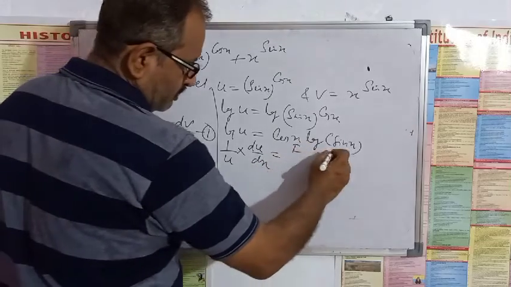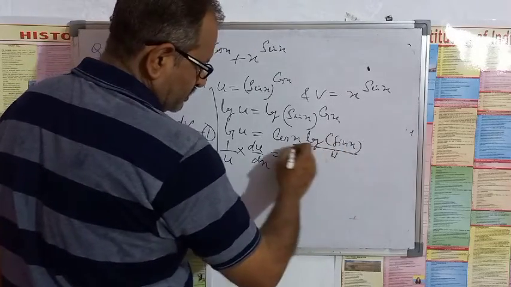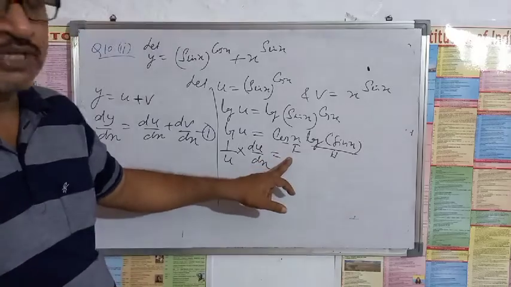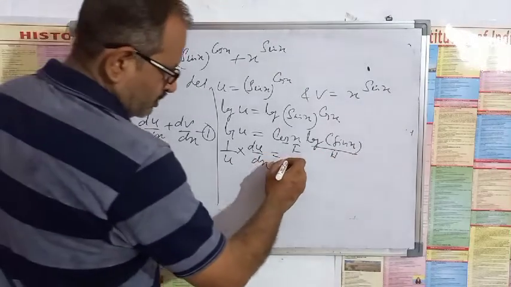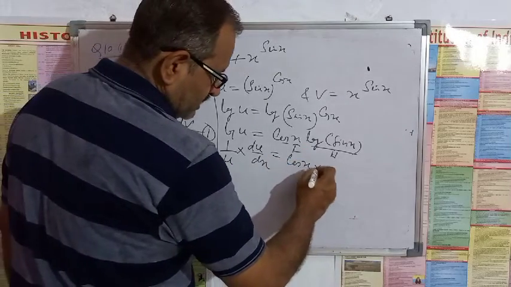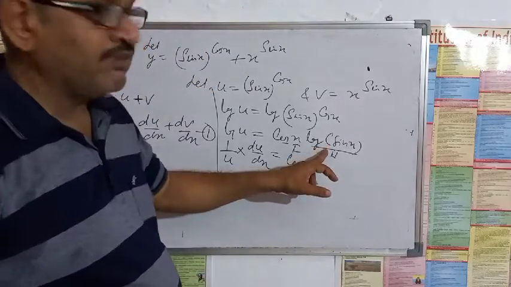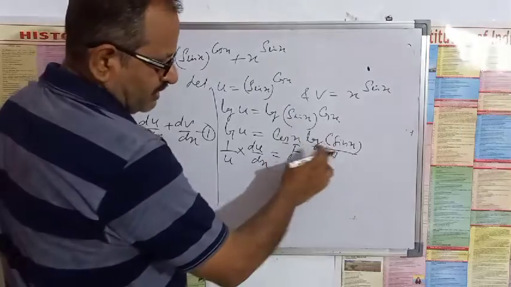Use here product rule. Cos x is first function, log sin x is second function. Product rule. So it is cos x into derivative of second. So what is derivative of second?